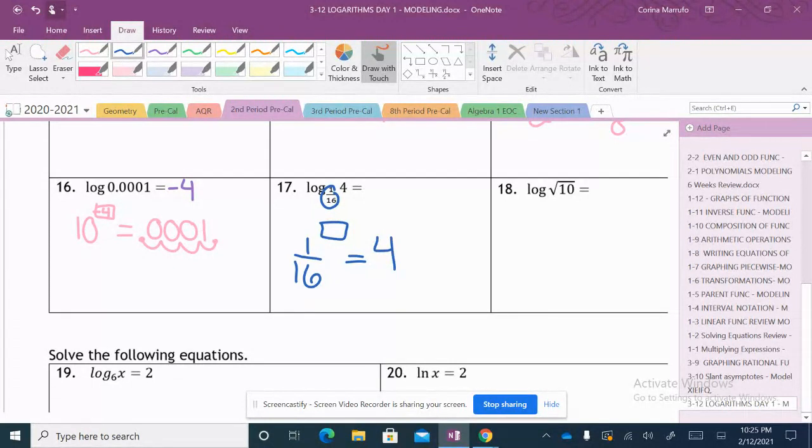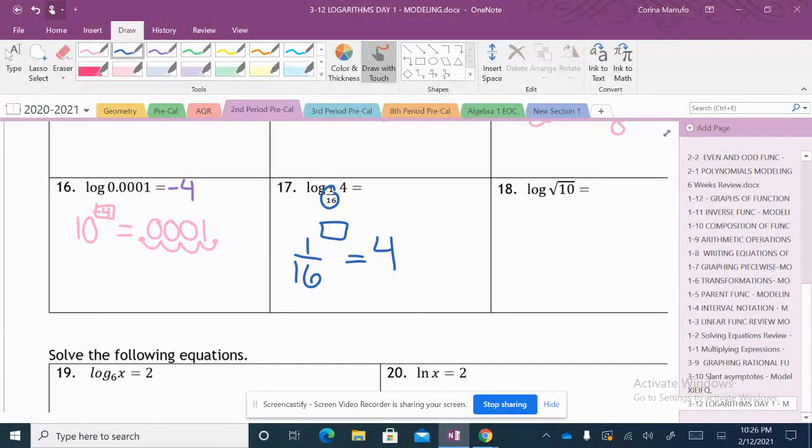Okay, so we're looking for what exponent. Now, it's 1 over 16, so that's going to tell me right away that it is going to be a negative number. Okay, so let me see. We know 4 squared gives me 16, right? So then I believe, let me see.